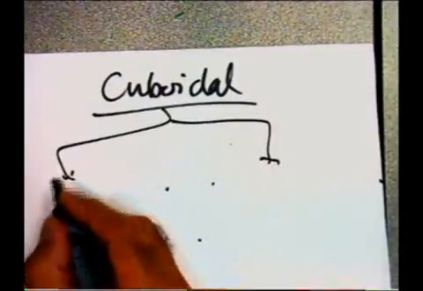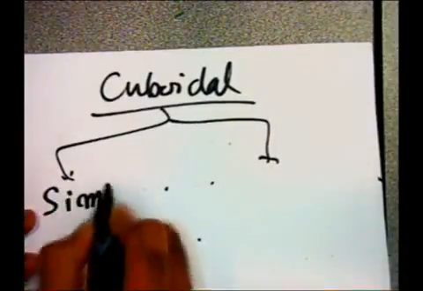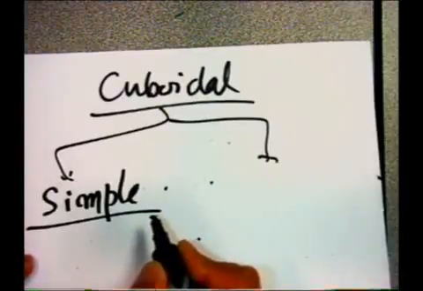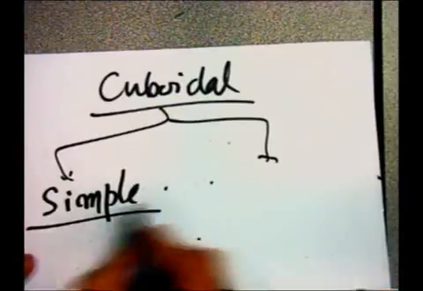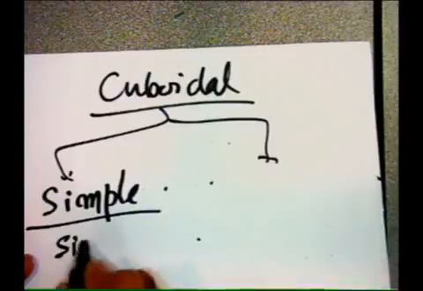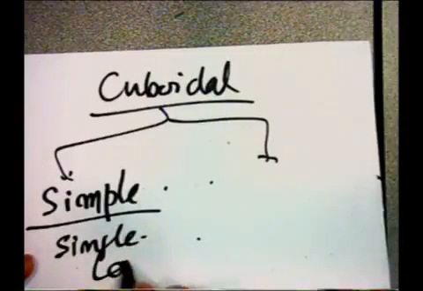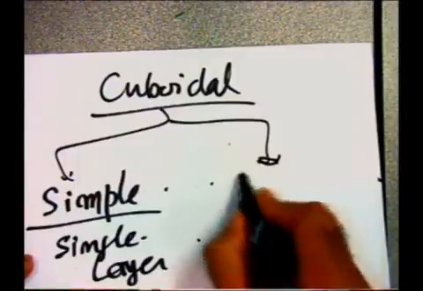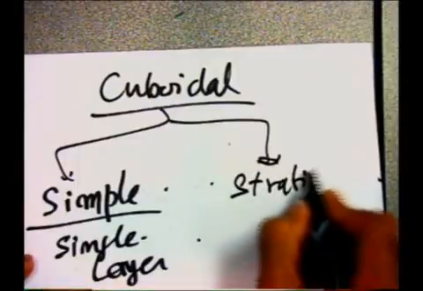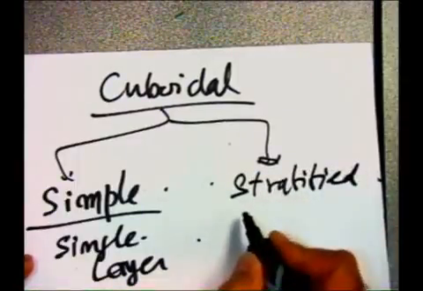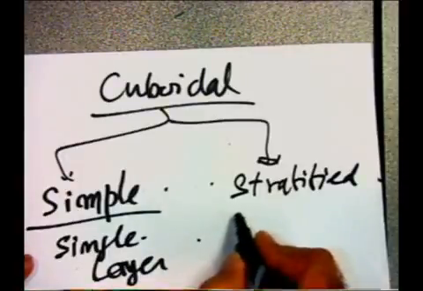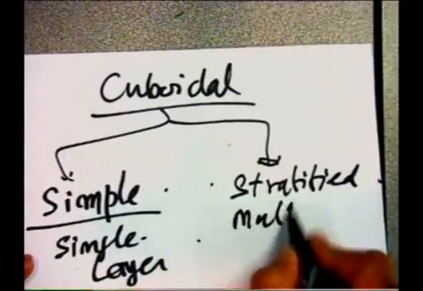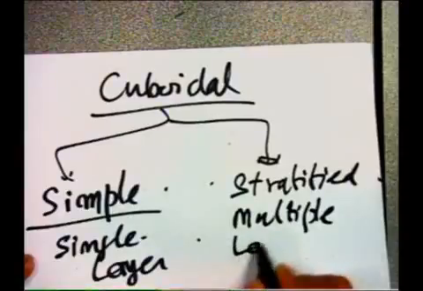Number one, simple cuboidal. Simple means you have a single layer of cells, just a monolayer. The other one is stratified. Stratified is multiple layers of cells.